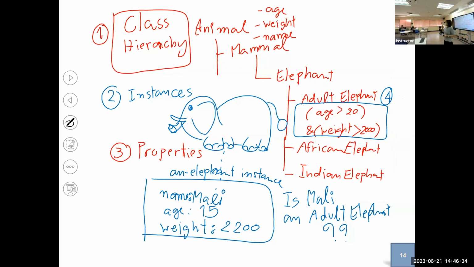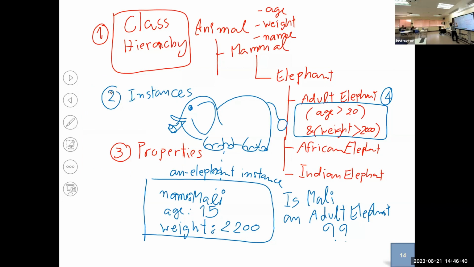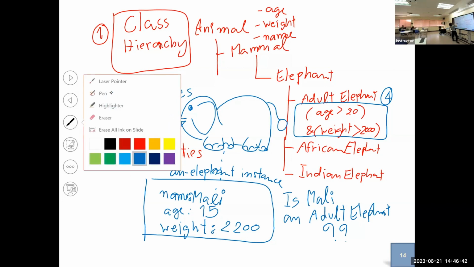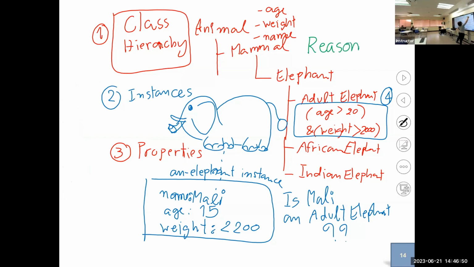Ontology can do some kind of, what is this thing I asked you? This is called reasoning. This is reasoning that a computer can do.